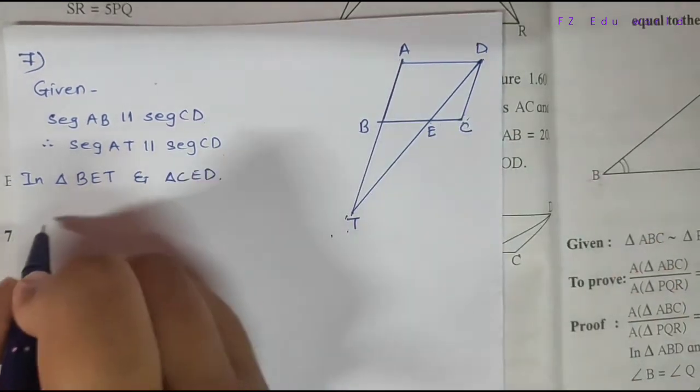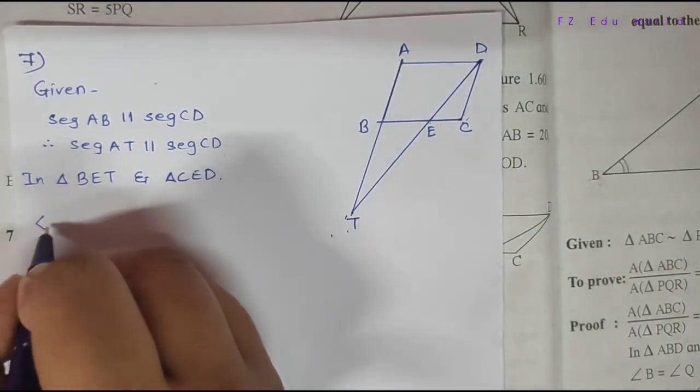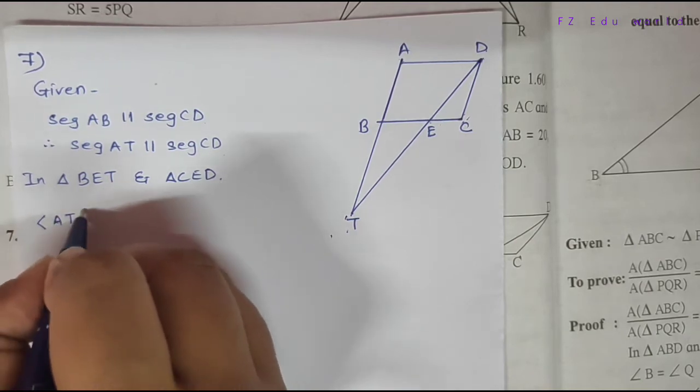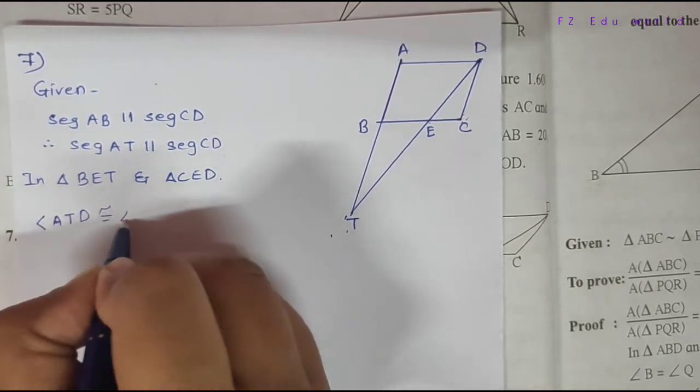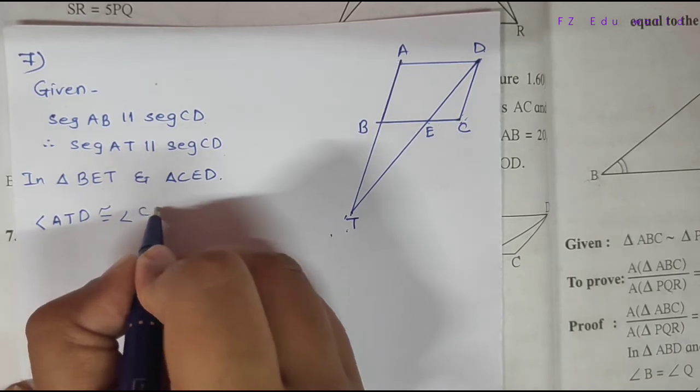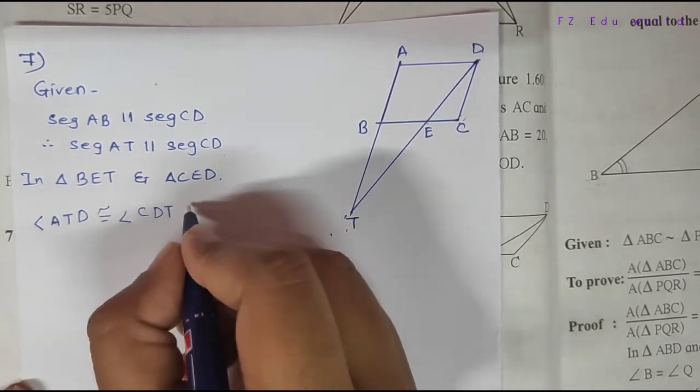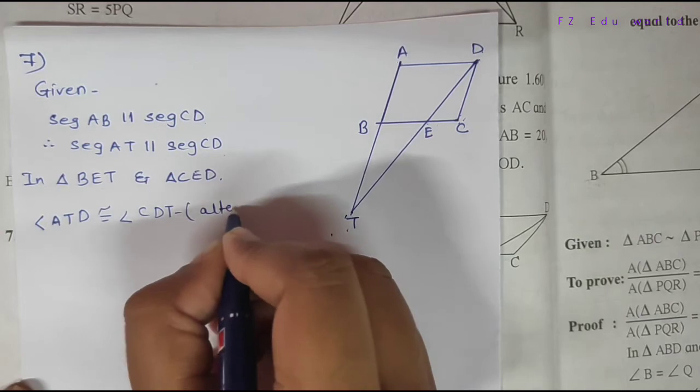So we write: angle ATD is congruent to angle CDT, alternate angles.